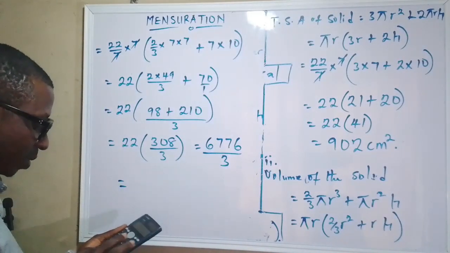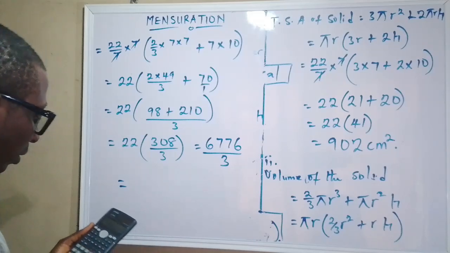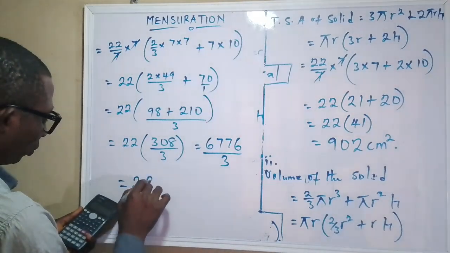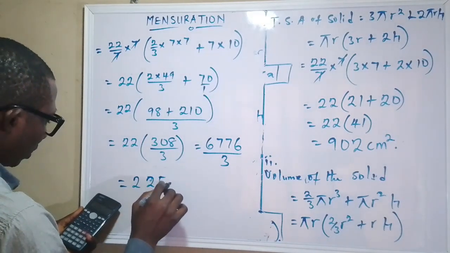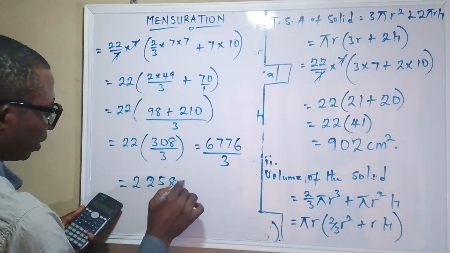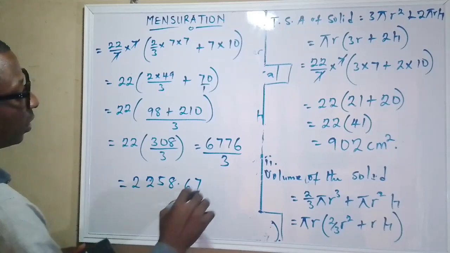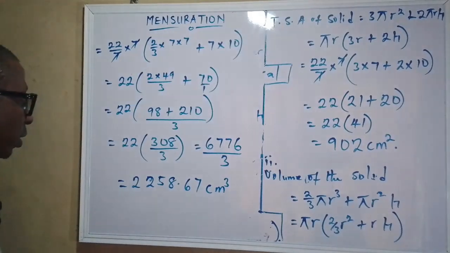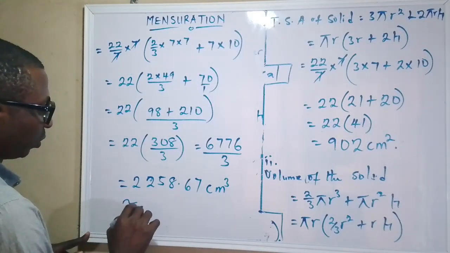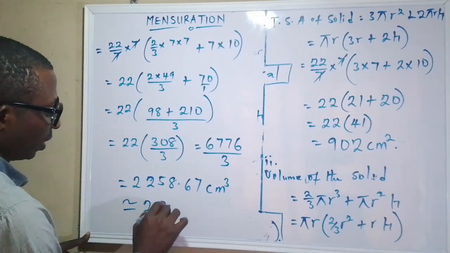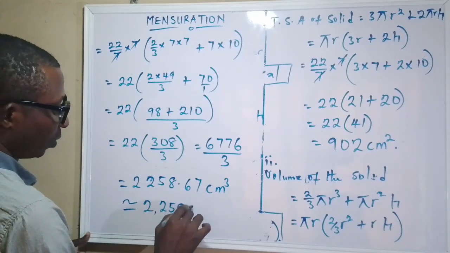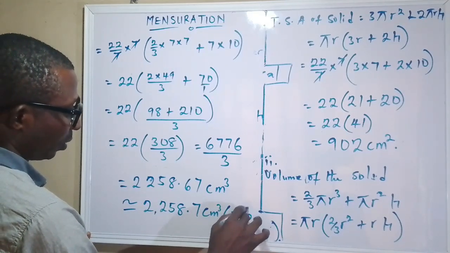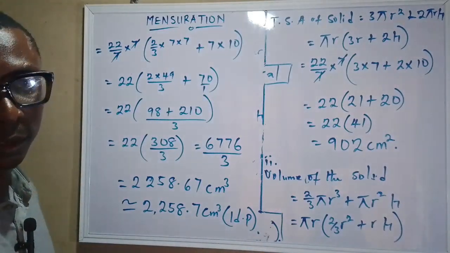When you divide that by 3, you'll have 2258.67 centimeters cubed. Because it's a volume, you can approximate it to 2258.7 centimeters cubed. And that's going to be the answer to the problem.